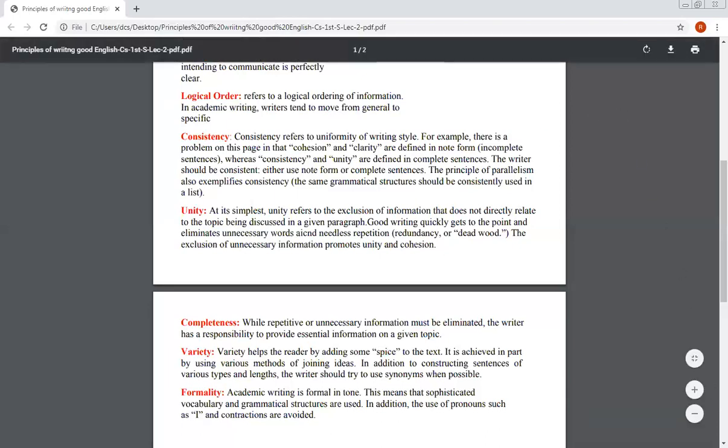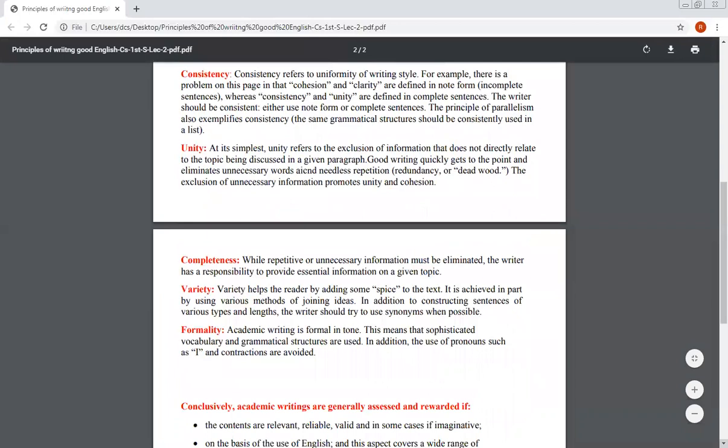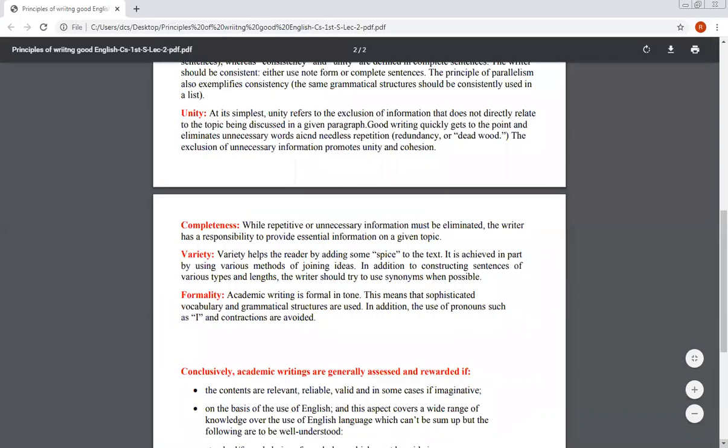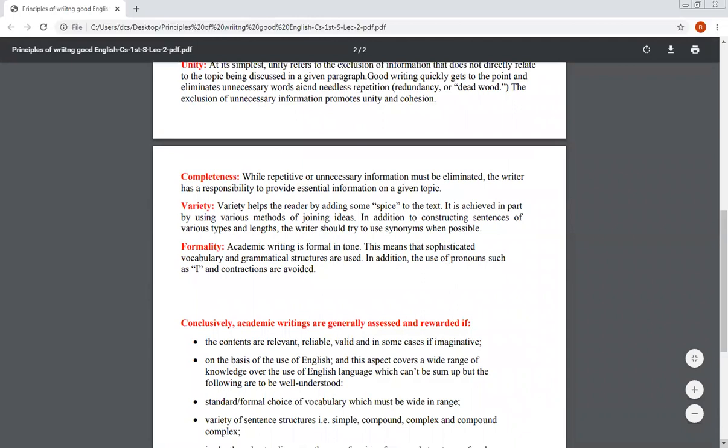Let's move on to the next one, which is formalities. Particularly when dealing with formal writings or academic writings, they are formal compositions, and the tone and register of your composition must also be formal.